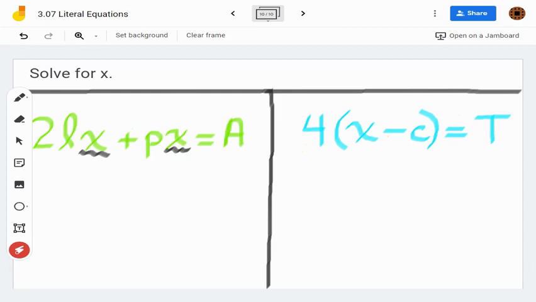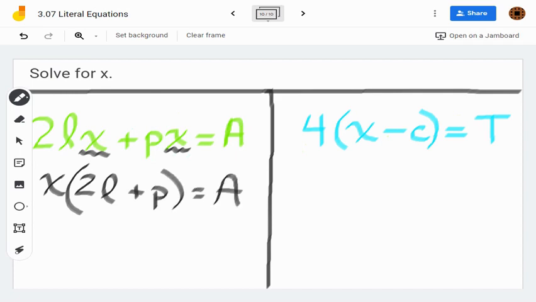So notice here, you could imagine that maybe x was distributed to each term here, because we have x being multiplied on each of these. So if we were doing distributing backwards and pulled the x out, then neither of those terms would have x on the inside. So it would look like this.